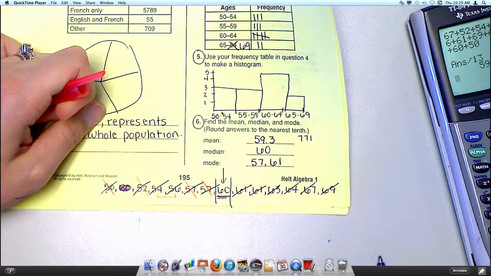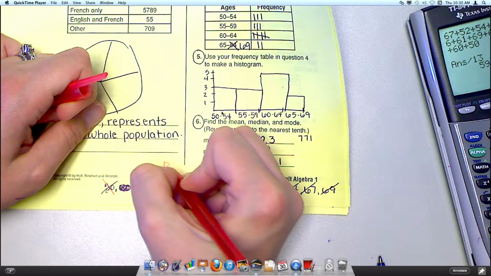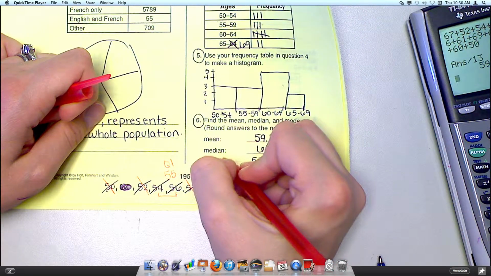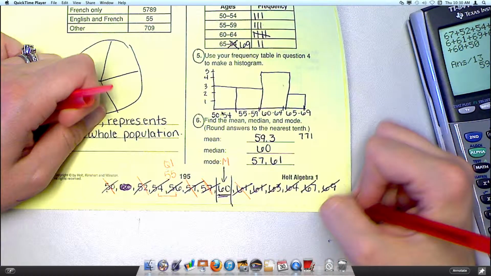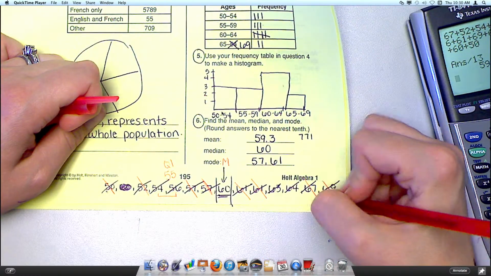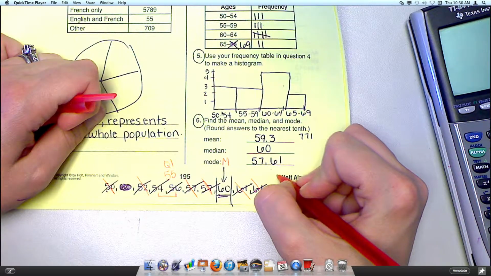What's halfway between 54 and 56? So 55 is your Q1. Okay, this is your median. And then here, same thing. Cross off 1 on the left, 1 on the right, 1 on the left, 1 on the right, and I come down to 63 and 64. Good, 63.5.